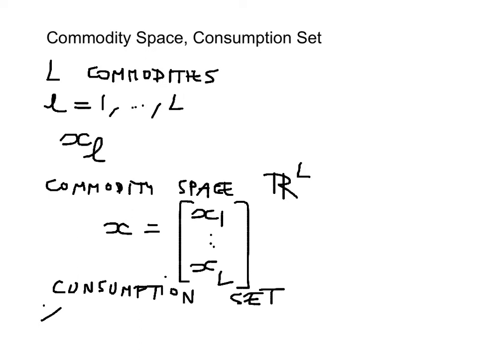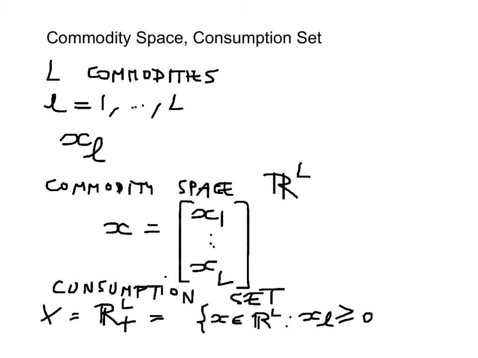And so we can formally define this consumption set X. First of all, we're going to be considering only non-negative amounts because it doesn't make sense to really speak of negative consumption. And so this consumption set here is simply the set of consumption vectors or commodity vectors such that each entry in the vector is non-negative. And we do this for all commodities.